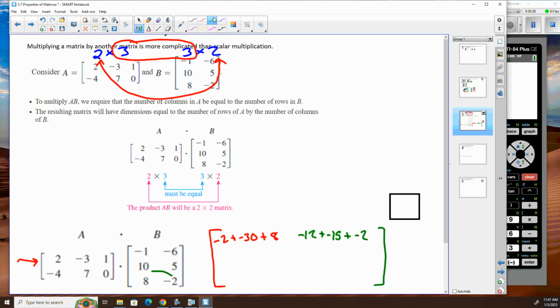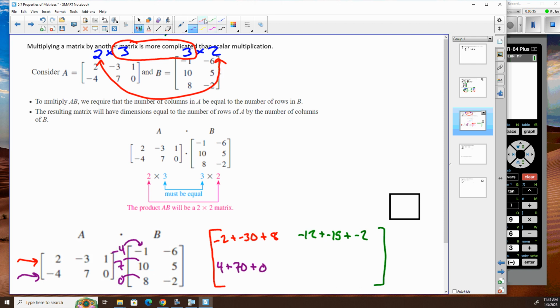And then I'm going to take the next row for matrix A, turn it sideways, and then do the multiplication again. So I'm going to have -4, 7, and 0. So now I'm going to go -4 times -1, which is 4, plus 7 times 10, which is 70, plus 0 times 8, which is 0.